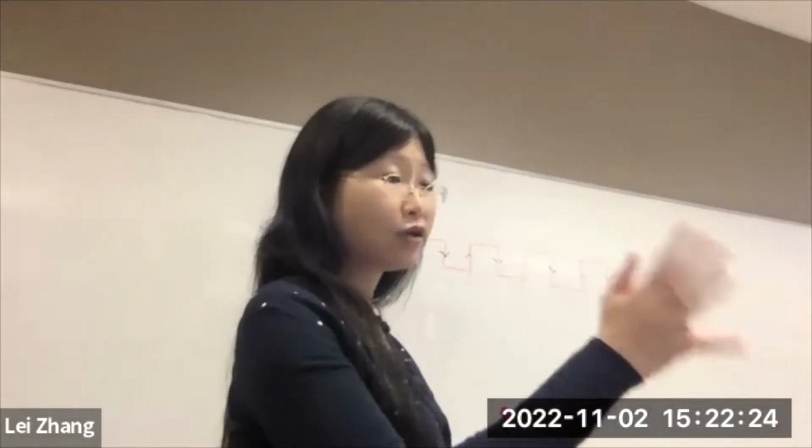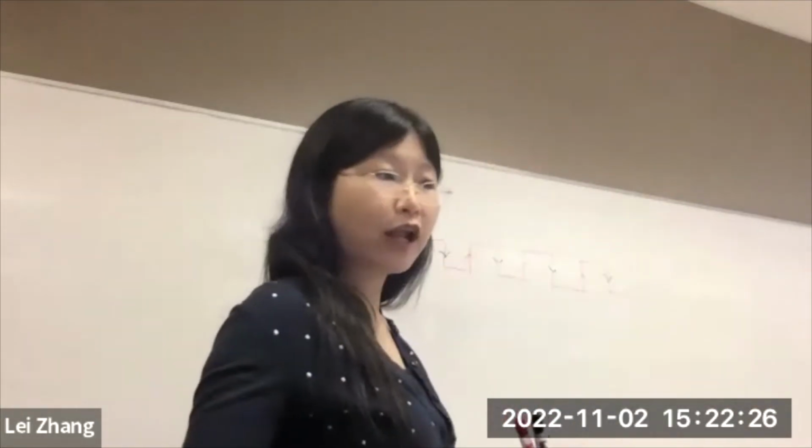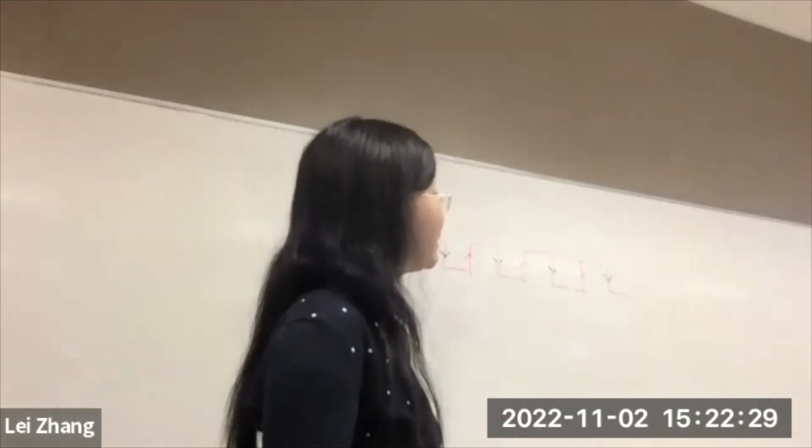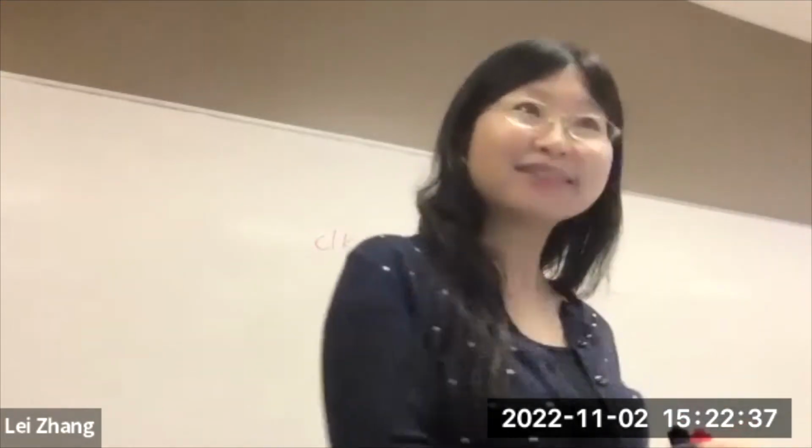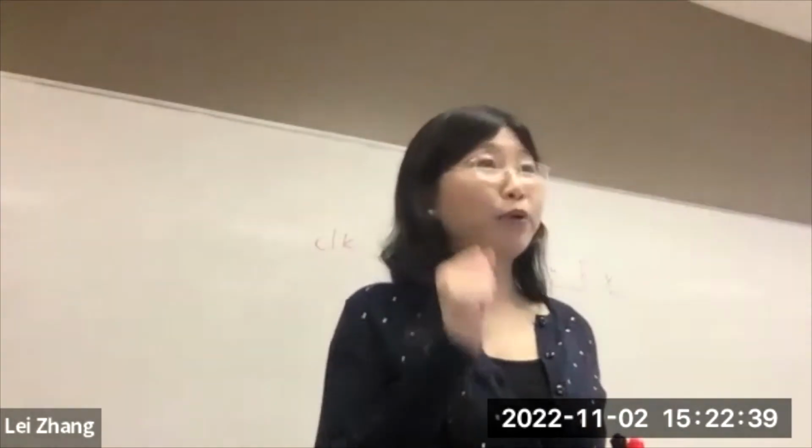And this is the symbol for the D flip-flop. We have this input for clock, and we have the D input and two outputs, Q and Q naught.